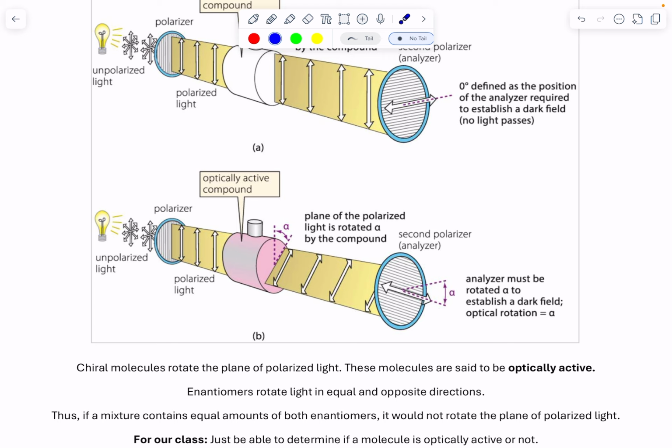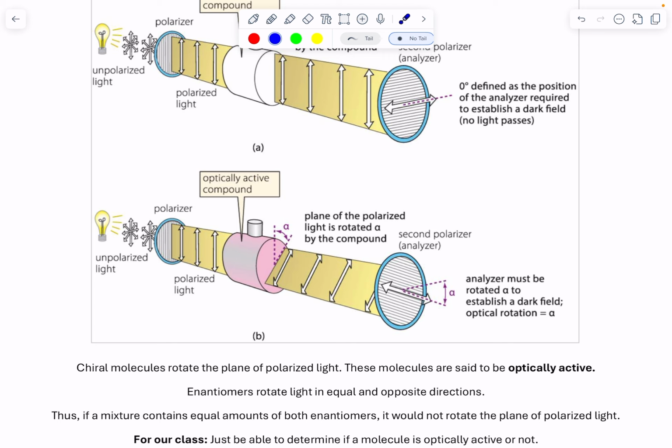For our class, actually I should say first, there are a lot of different factors that determine whether a chiral molecule rotates light to the right or to the left, and the degree to which it rotates light. We're not going to go into that much detail in our class. For our class, I just want students to be able to determine if a molecule or a mixture is optically active or not.